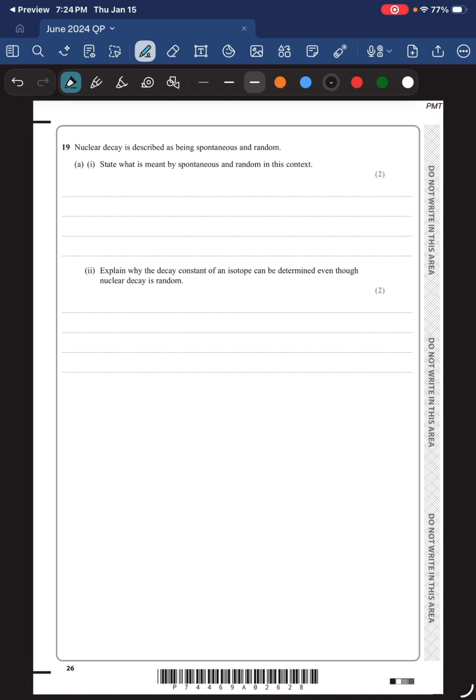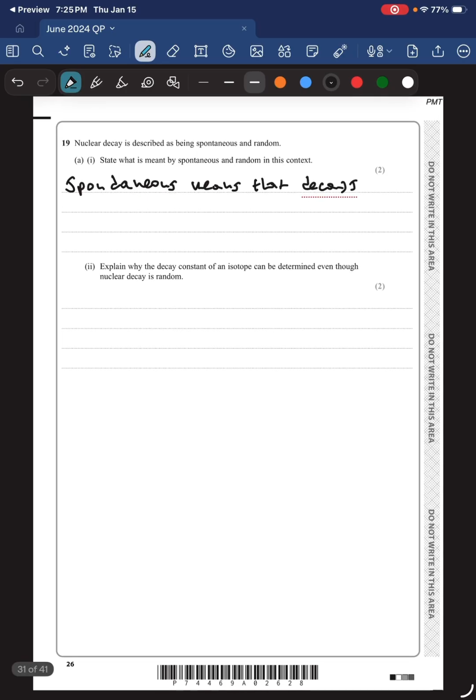Nuclear decay is described as being spontaneous and random. Part A, part 1: state what is meant by spontaneous and random. So spontaneous means that decays do not depend on external factors.